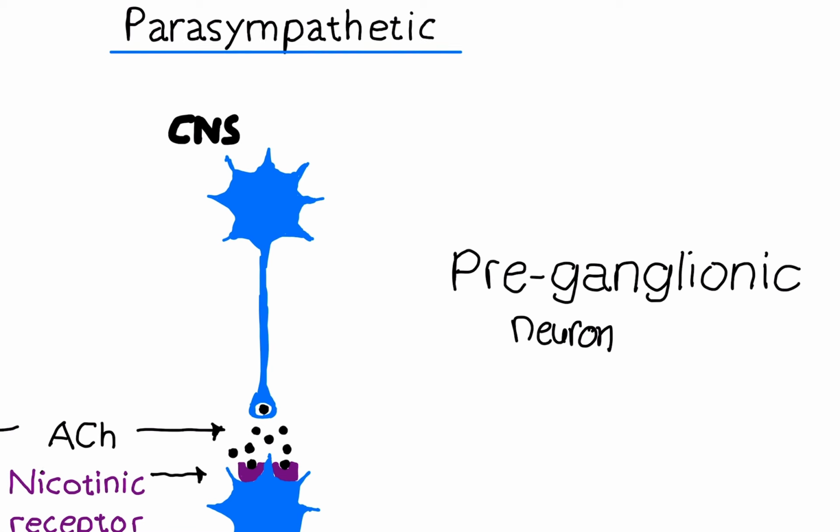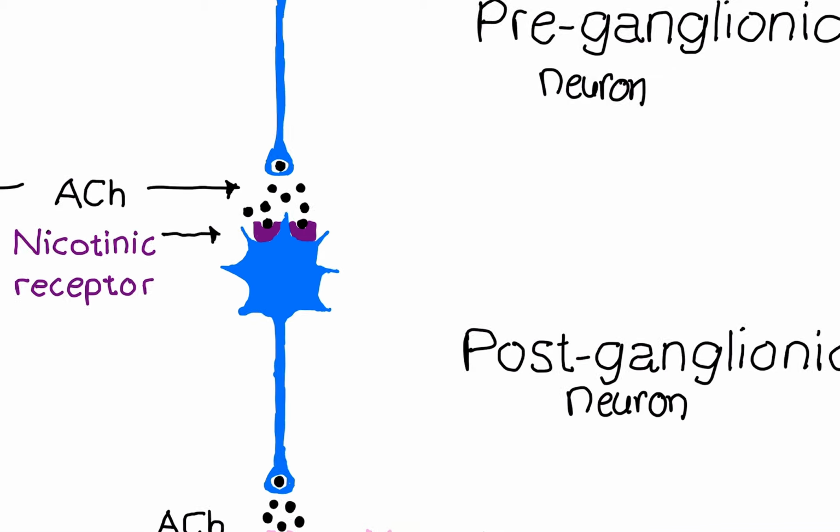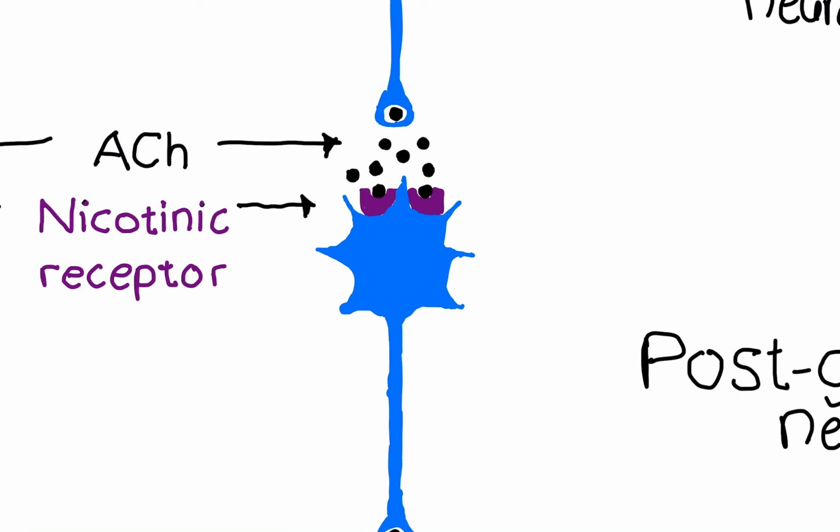So our journey starts in the CNS, or in the brain, and we have a nerve or neuron there. This neuron, called the preganglionic neuron, is going to synapse with another neuron past the spinal cord. This postganglionic neuron, or the second neuron in this pathway, has specific receptors called nicotinic receptors.